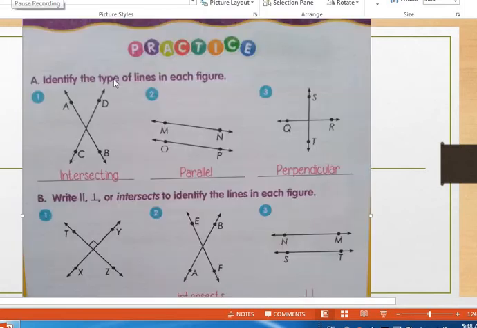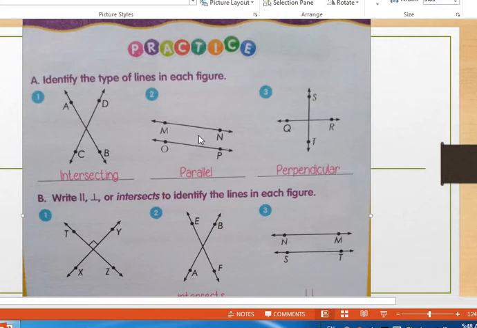So identify the type of lines in each figure. Here I have line AB and line CD are perpendicular. No, miss, not perpendicular, because they don't form 90 degrees. They are just intersecting, making an accident here. Okay, these two lines are, excellent, parallel.